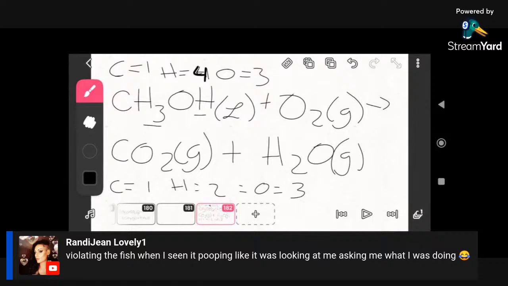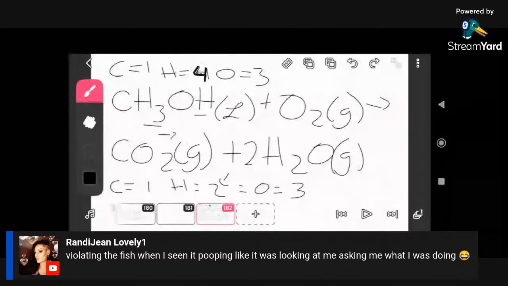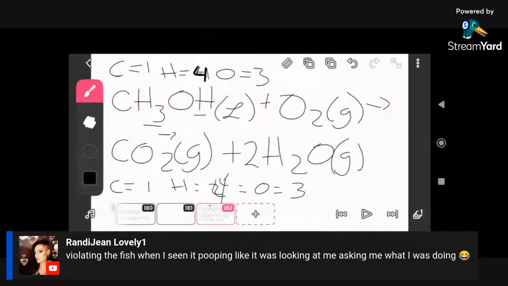So you see how we need to multiply a hydrogen somewhere on the right side to get a 4. And we see this spot right here. Now I got 4 over here. And how many oxygens do I have over here? I should rewrite the equation smaller. Anyway, I got 4 right here now, right?